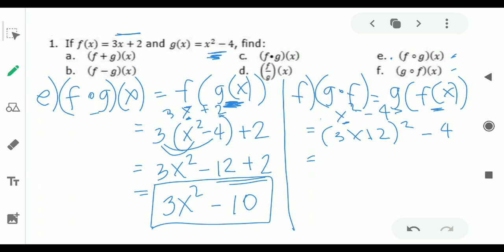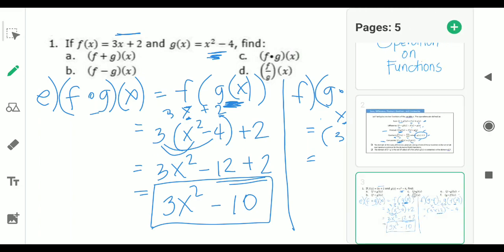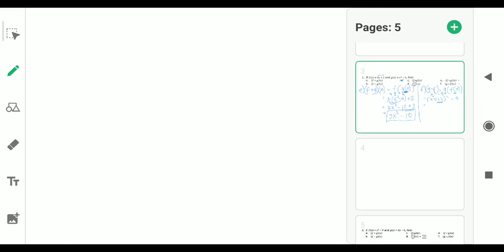Now, there are two different ways on how we can square 3x plus 2, and I will show you these two strategies. Now, take note, you have 3x plus 2 squared. So, first strategy is we can do the FOIL method.